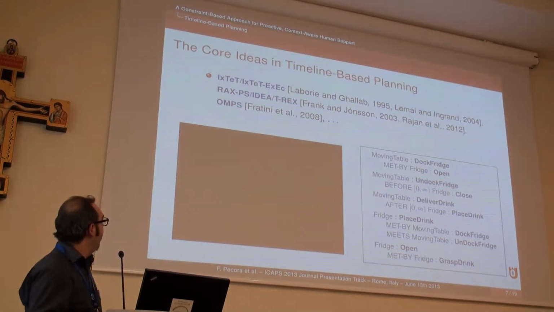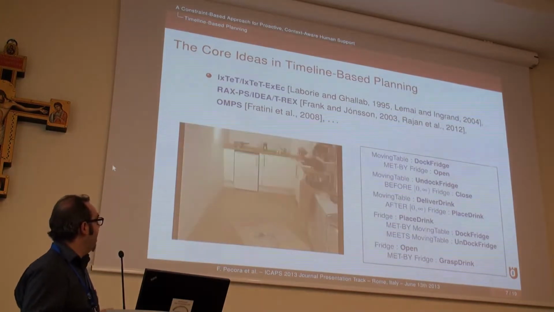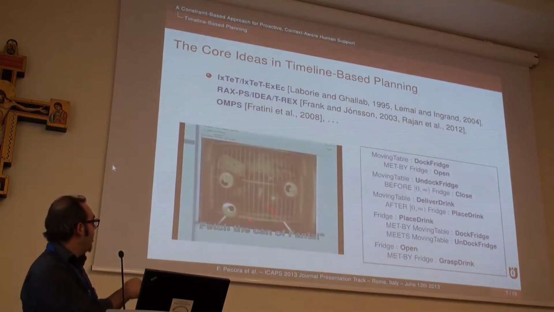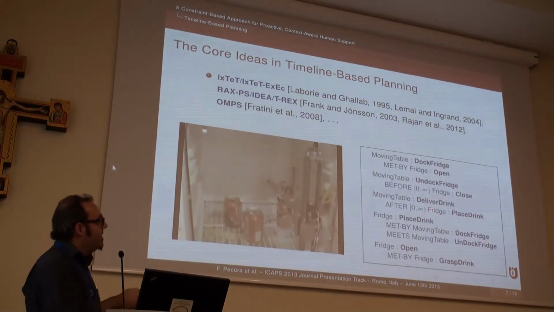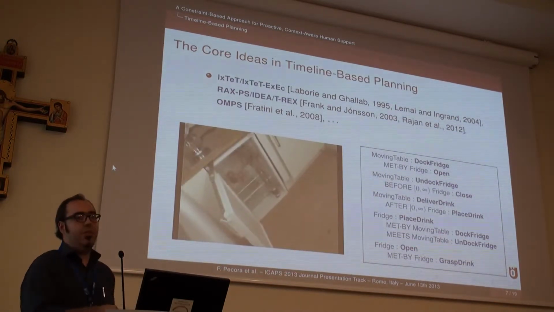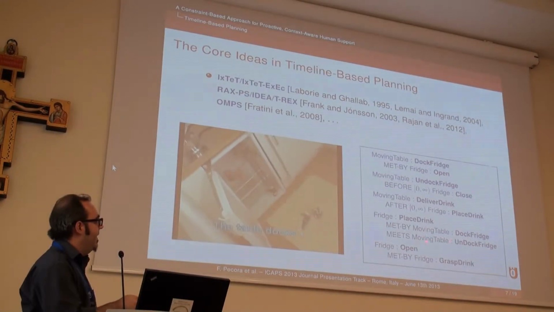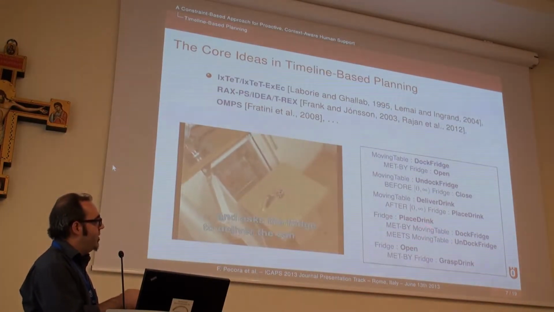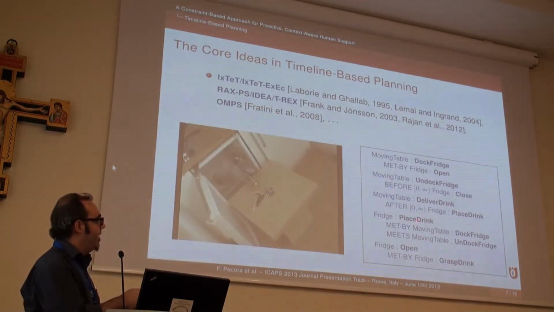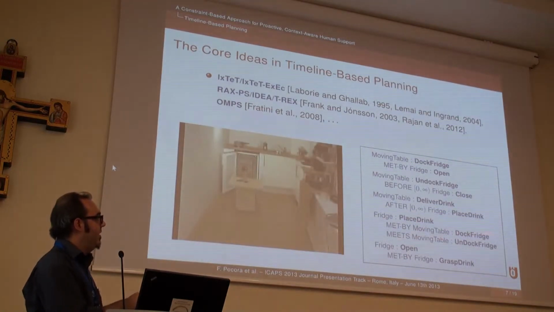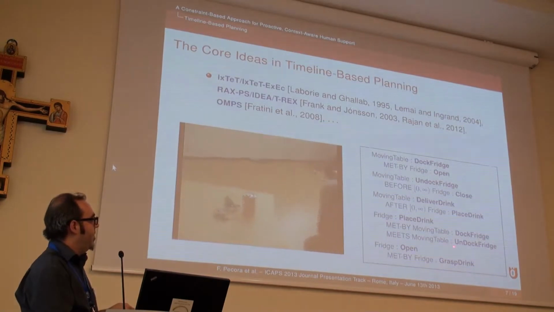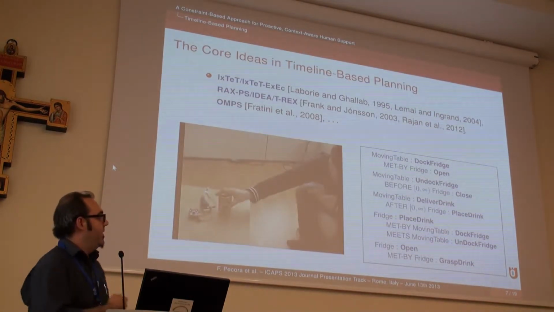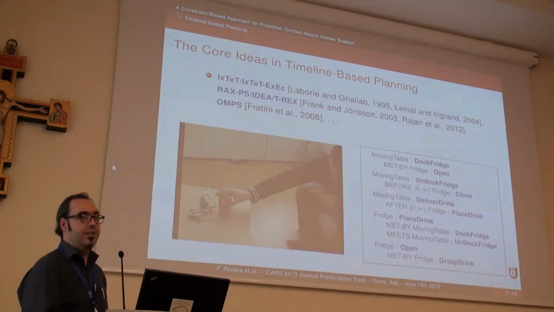And essentially, the way you would encode a domain that describes the capabilities of these actuators is by using temporal constraints. So you would say something like, placing the drink is something that occurs temporally between docking the fridge and undocking the fridge. And you would model dependencies like the fact that the fridge door should close only after the thing is undocked, and so on and so forth.